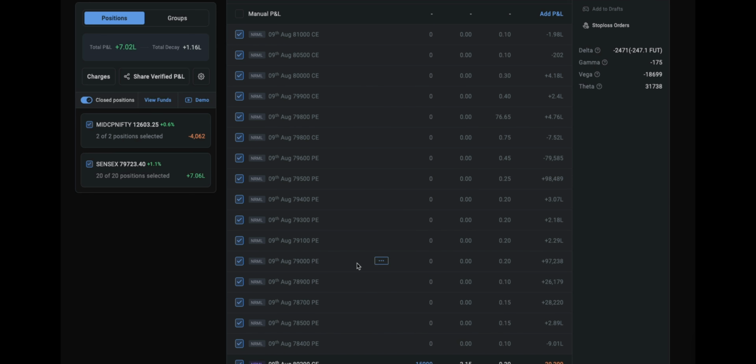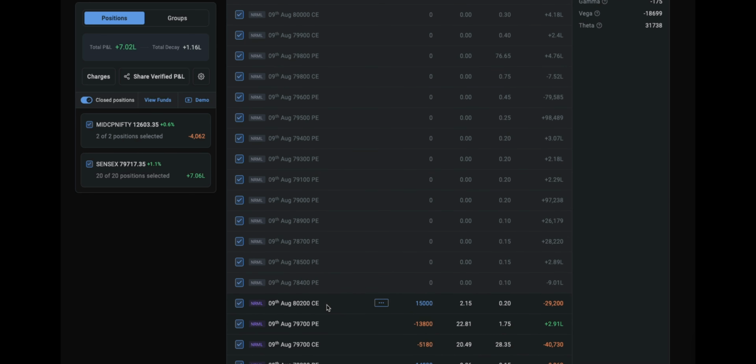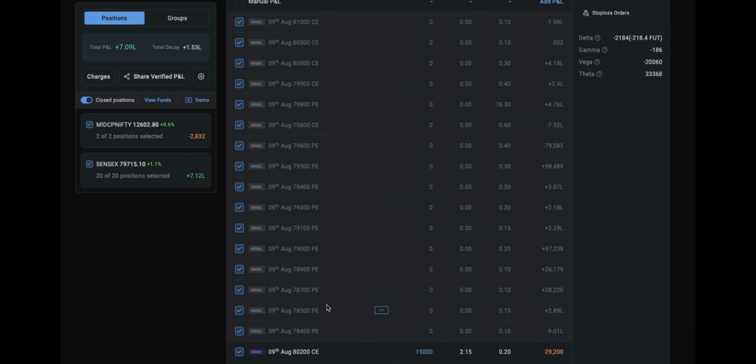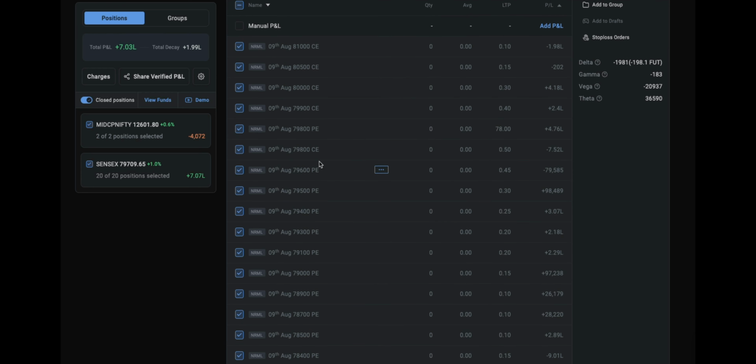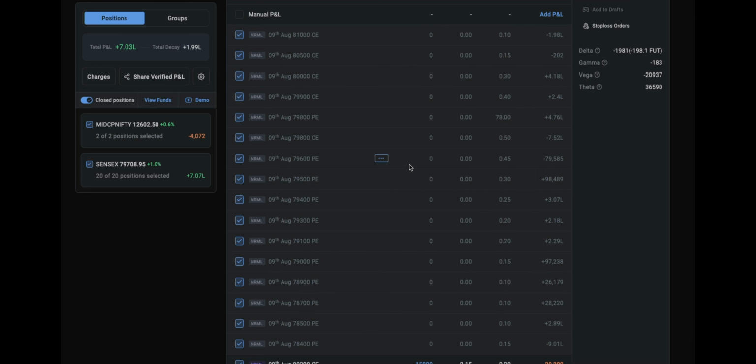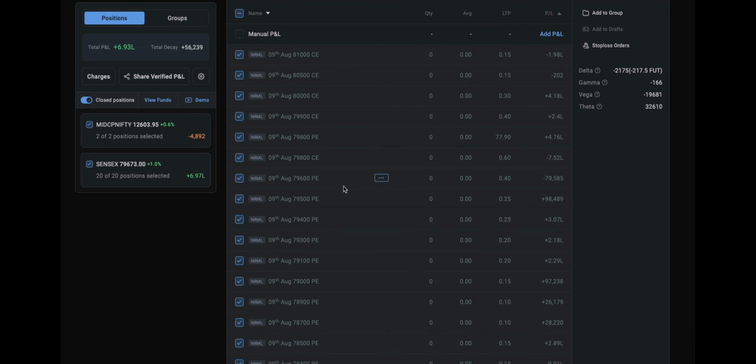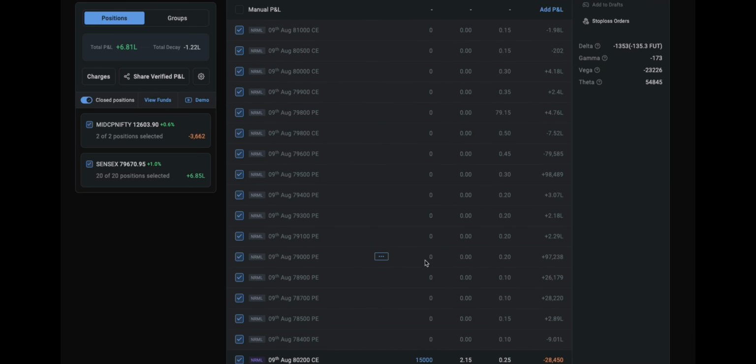So in the morning, 79800 CE got into losses. Where is 700? 700 CE, yeah, this one. Right now it is about 7.52, but in the morning it went into almost 12 lakhs losses. And there is a hedge here, which is the PE hedge.